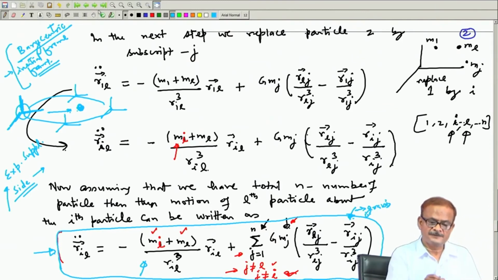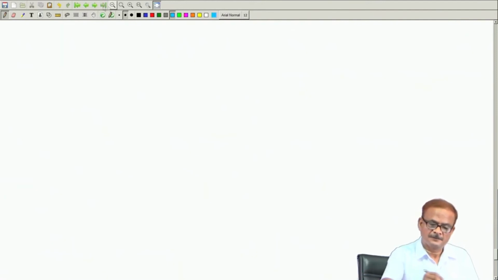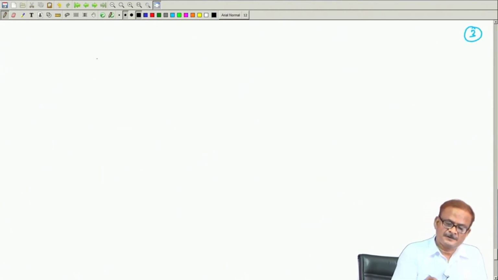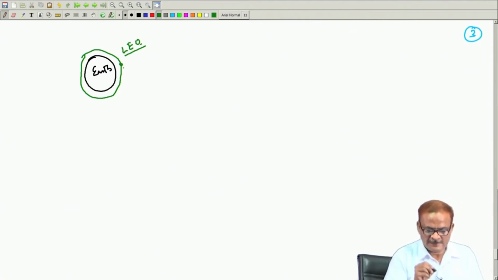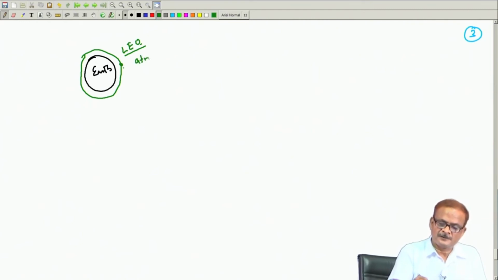But in the case where non-gravitational forces are present, say Earth is here, and around this a satellite is moving in orbit, and if it is in low Earth orbit, at that time atmospheric drag will also act on this.